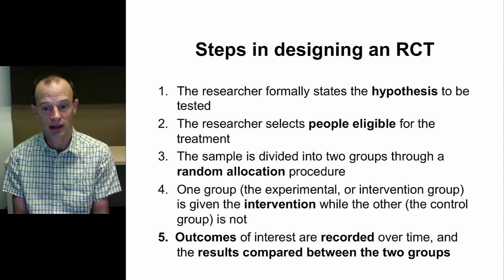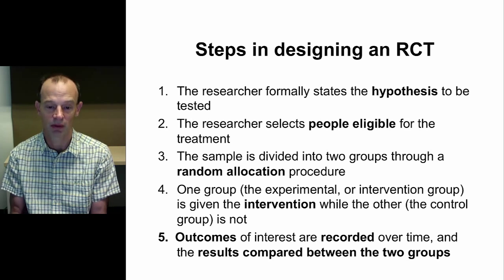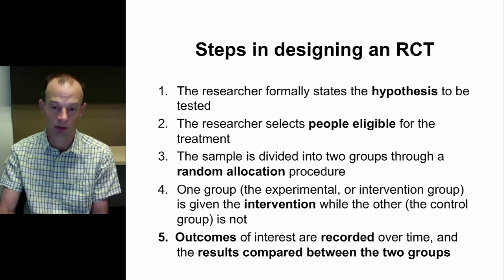The researcher then selects people eligible for the treatment. The sample is divided into two groups through a random allocation procedure, and one group, which is the experimental or intervention group, is given the intervention while the control group is not. And then the outcomes of interest are recorded over time, and the results are compared between the two groups.